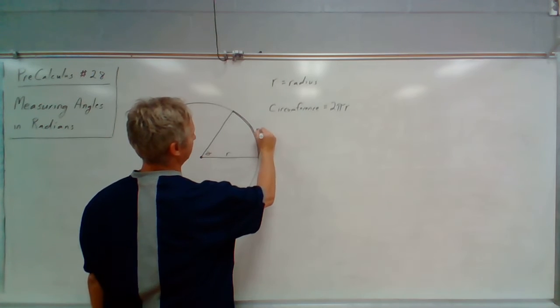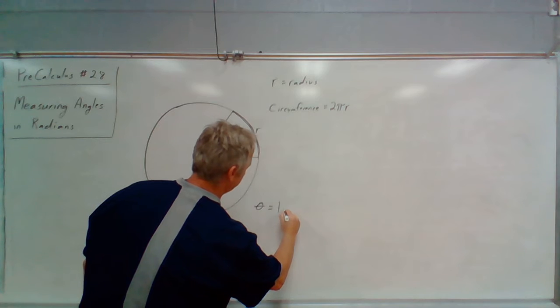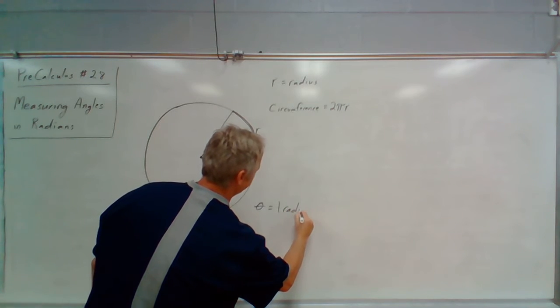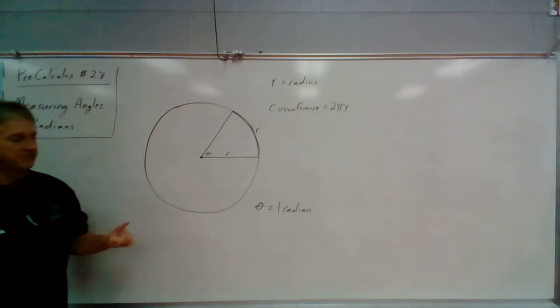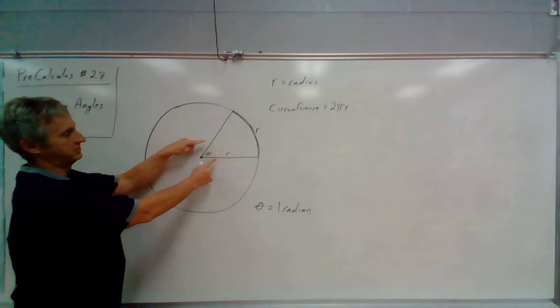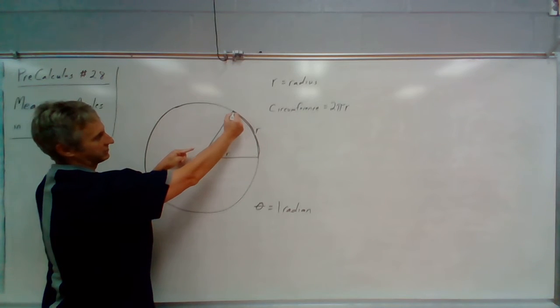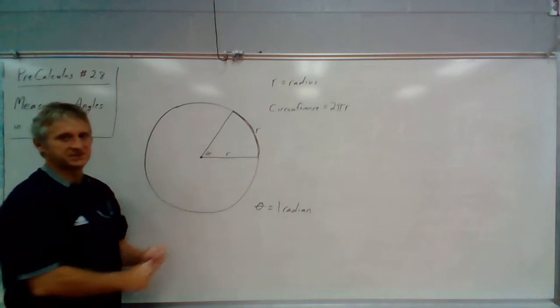So this is R. We're going to say that theta is equal to 1 radian. So again, a radian is just however big I need to make this angle so that this sector of the circle is the same length as the radius of the circle.